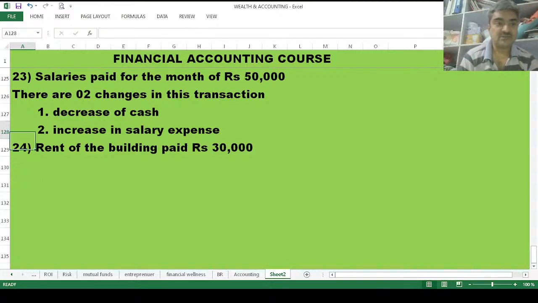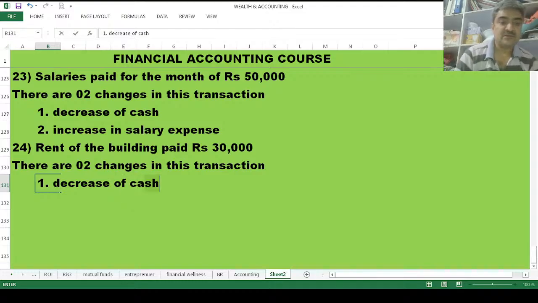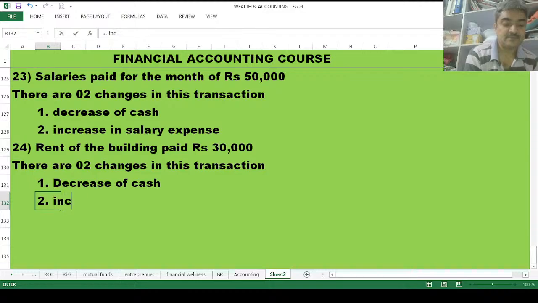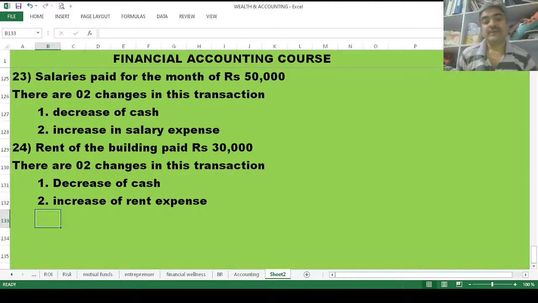This transaction also has two effects. Number one is decrease of cash, and number two is increase of rent expense. So remember that rent of the building is an expense item.